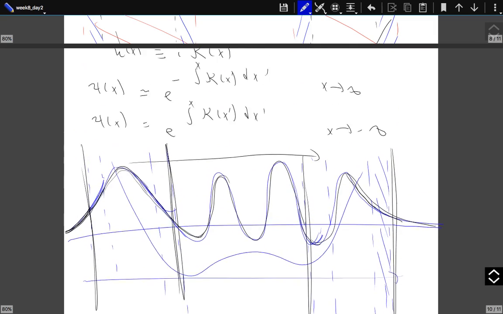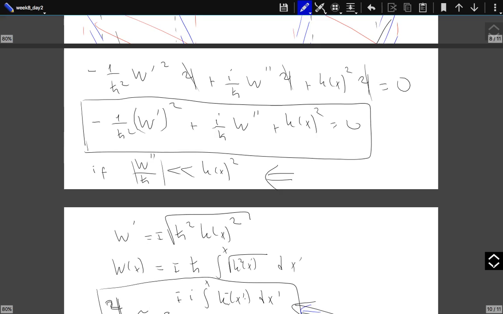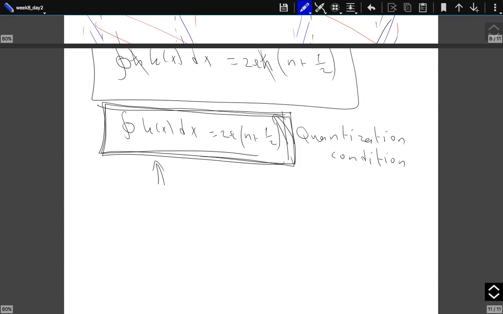Now let's go back to this condition over here. Omega double prime should be much, much less than k of x squared. Omega prime is h bar k of x. So omega double prime is h bar dk by dx.